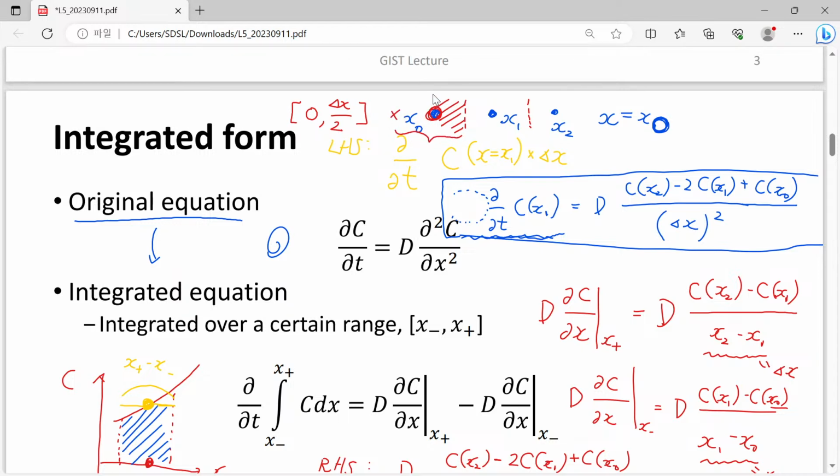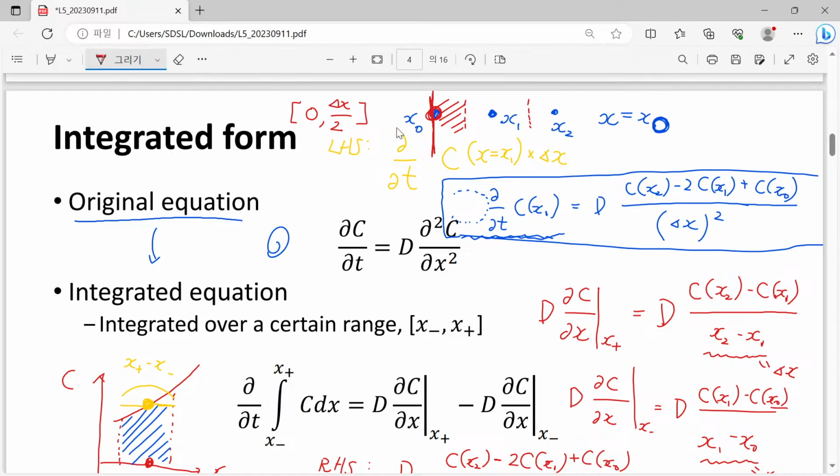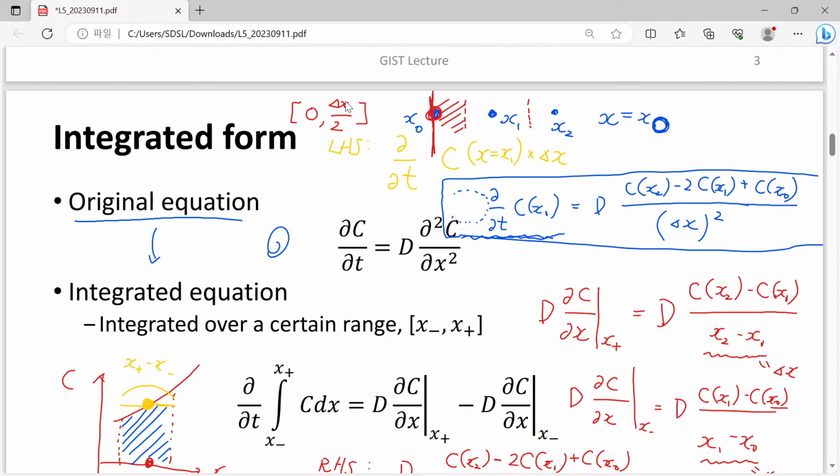However, please note that our simulation domain starts from x0, so we cannot expand our integration range over negative x values. That's the reason why our integration range is somewhat reduced. Previously, we integrated over a range with length delta x. However, now we integrate over just a half length.